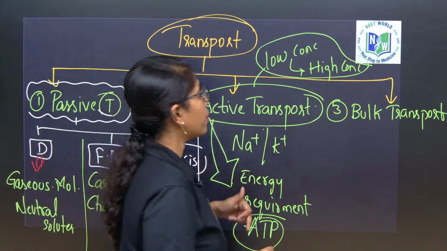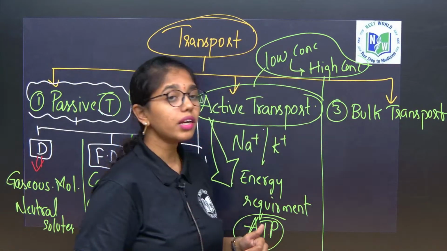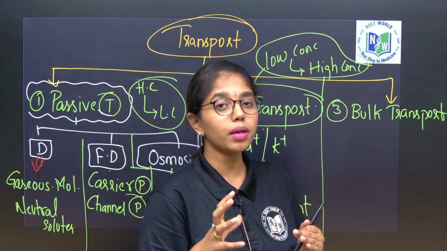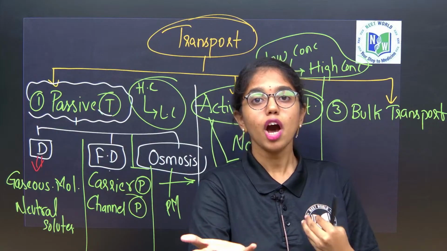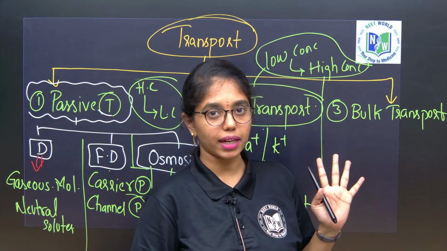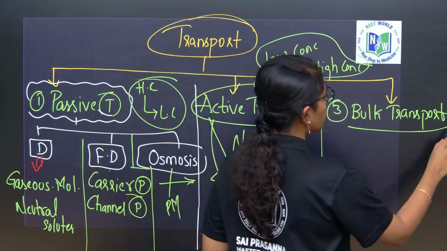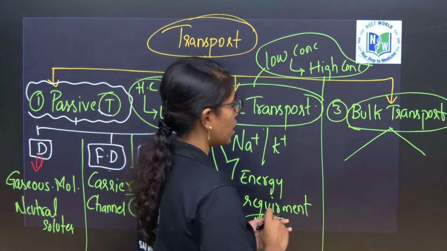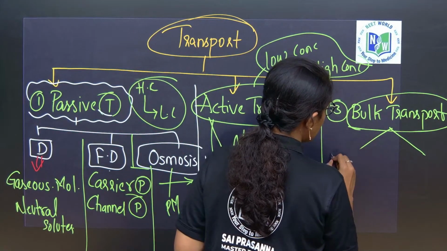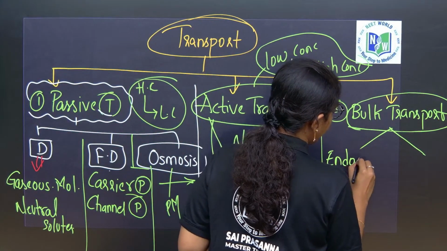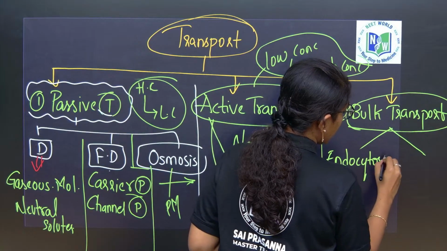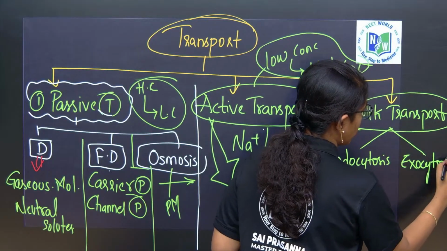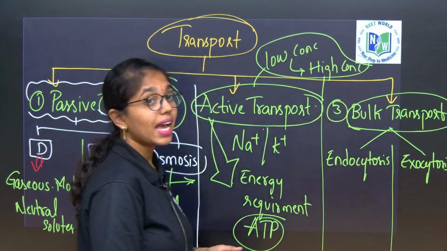Now, bulk transport. Bulk transport is the movement of many molecules either into the cell or out of the cell. Two types of bulk transport are observed: endocytosis and exocytosis.